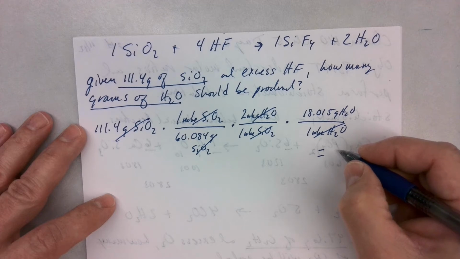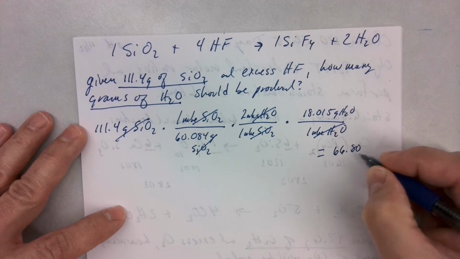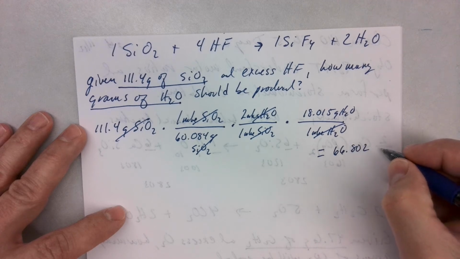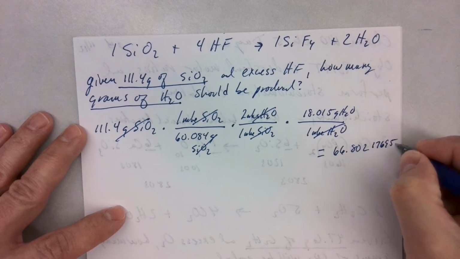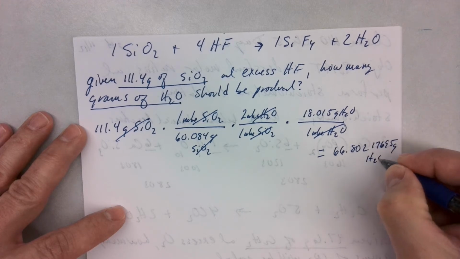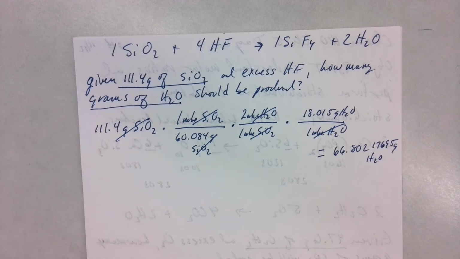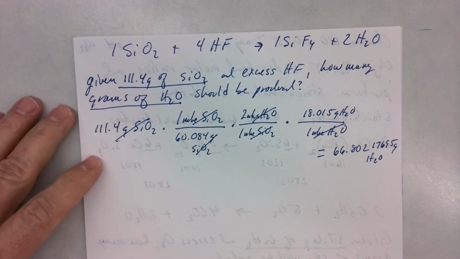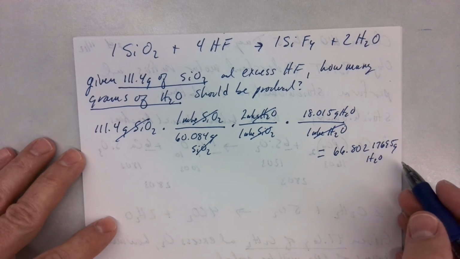It's 66.802. 66.802. 176.95. That would be grams of H2O, right? Now, obviously, that is not the answer, right? Why, Fisher? Because it has too many sig figs, right?